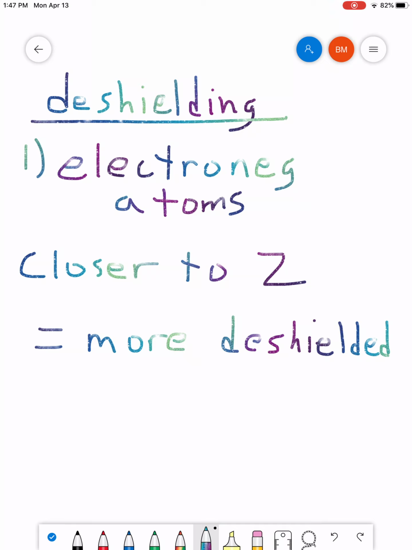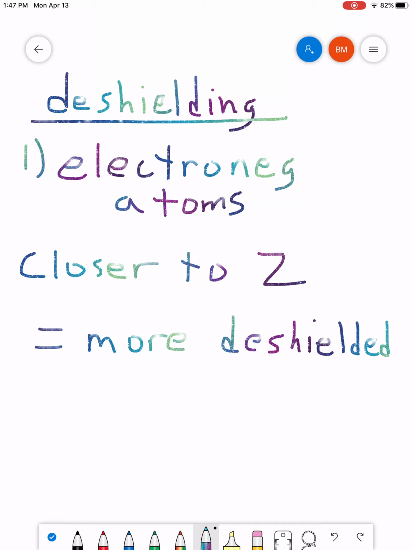Basically what happens is whenever you have these pi electrons, they swirl and make, yet again, their own magnetic current. And this magnetic current can either enhance the external magnetic field or oppose it.